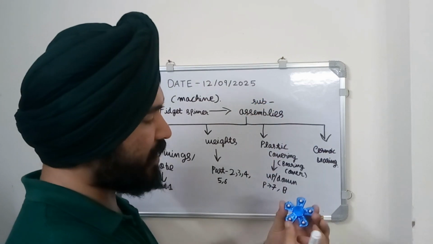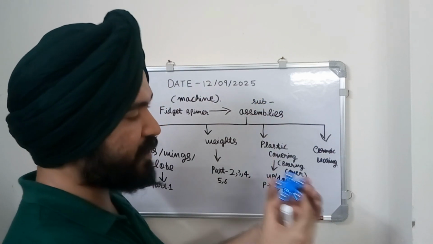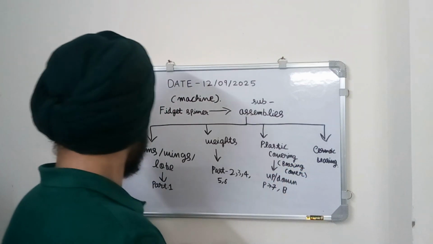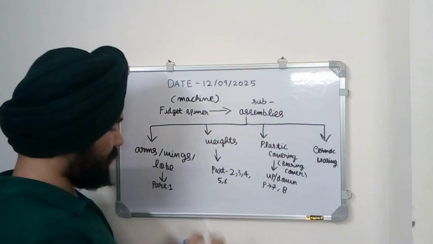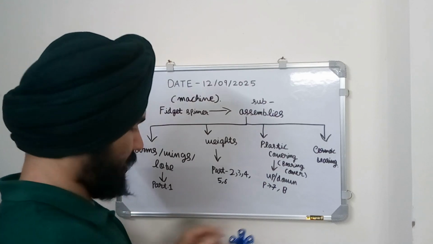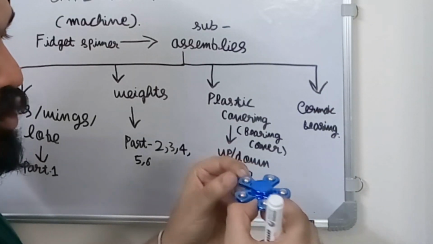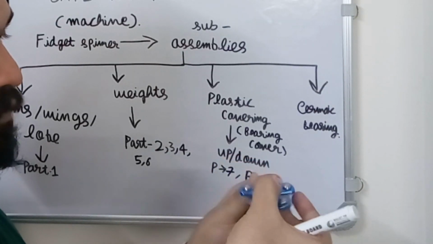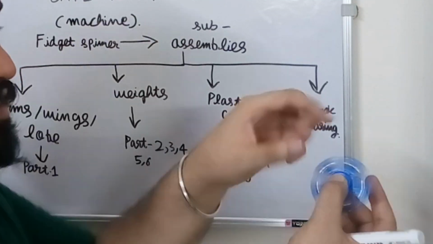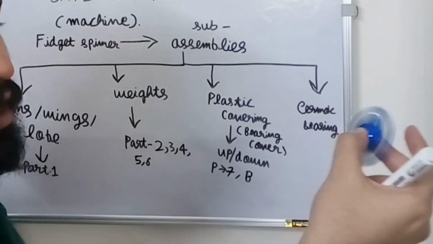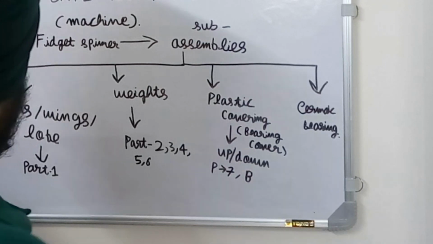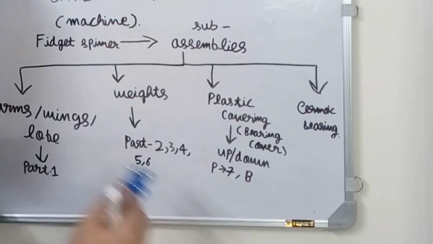For example, if we consider this fidget spinner in front of us, the arms, wings, lobes can be considered as one part, right? This entire body which you are seeing, which is revolving around the axis, this arms, wings, lobe itself is a part.